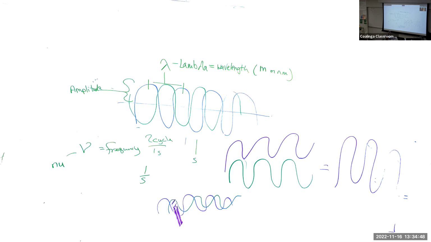So this here is going to cancel out with each other because this is a peak and that's partially trough. But the areas that we have together, that's going to give us a little more intensity. Right? So that would be the case of that little bit of light in certain places. We get partial canceling.